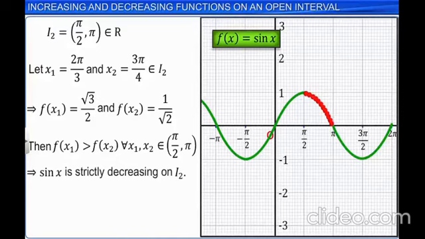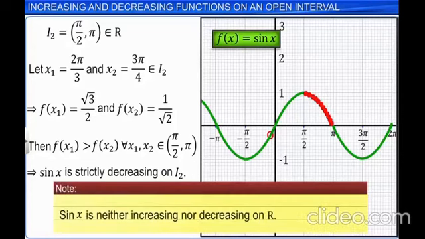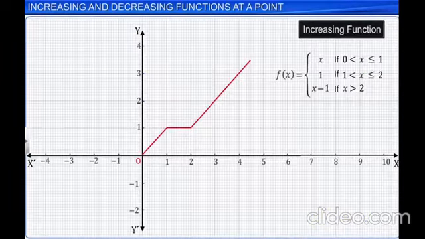This means that sine x is partly increasing and partly decreasing on domain R. Hence, we can conclude that sine x is neither increasing nor decreasing on R. You have already learned to find the nature of a function in a given interval.